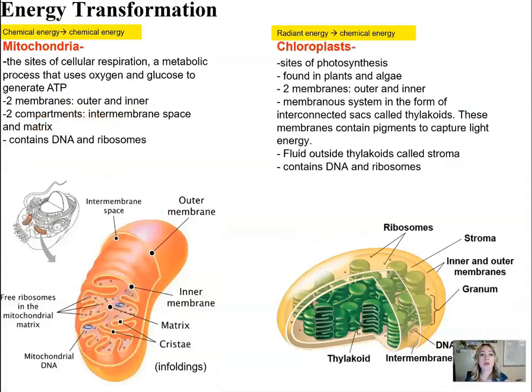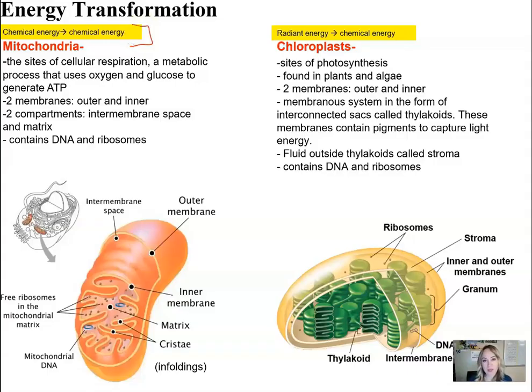Now, when it comes to energy transformation, we have two main organelles that are going to help transform the energy. In mitochondria, we are transforming chemical energy, so basically we'll go from chemical to chemical energy. What chemical energy are we talking about here?